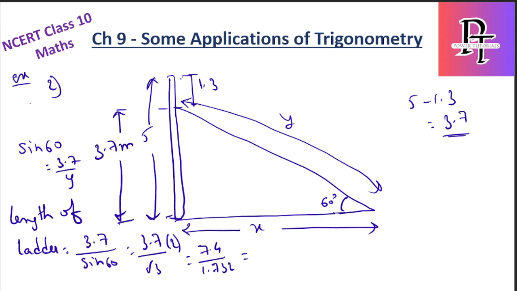Dividing 7.4 by 1.732, 17 3s are 51, 17 5s are 65, 17 4s are 68.